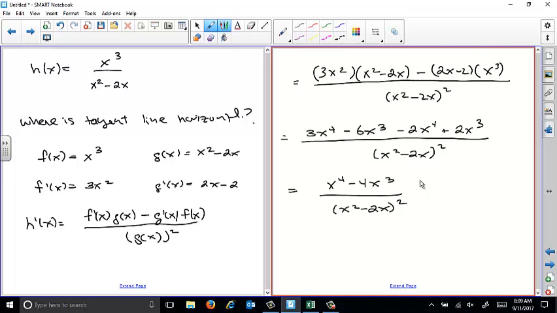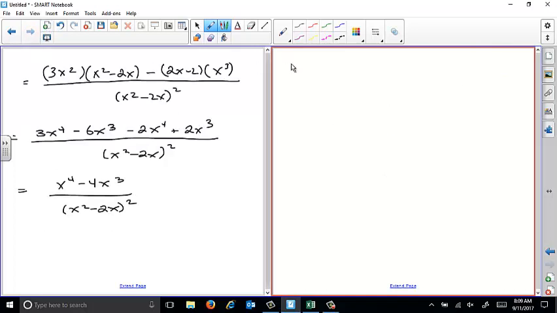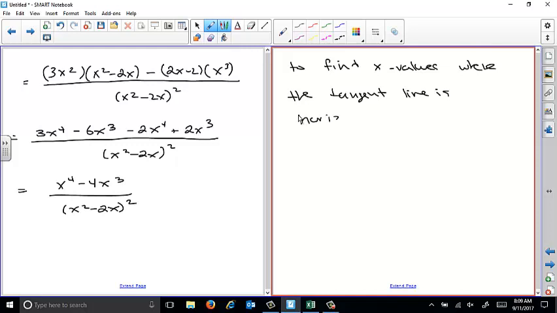So what we do here is, let's add a page here to find x values where the tangent line is horizontal: set the numerator of f prime of x equal to 0.